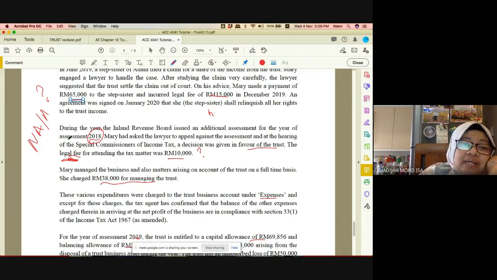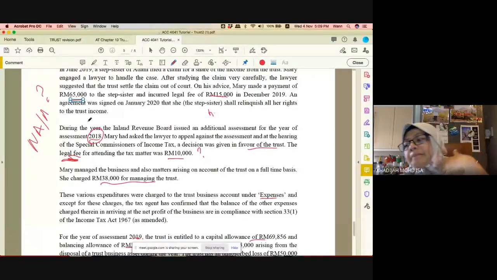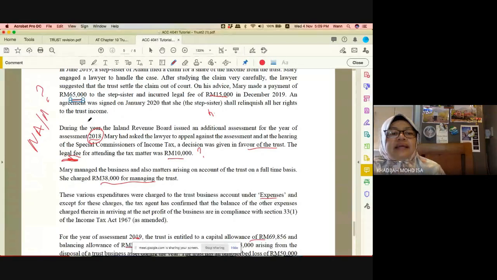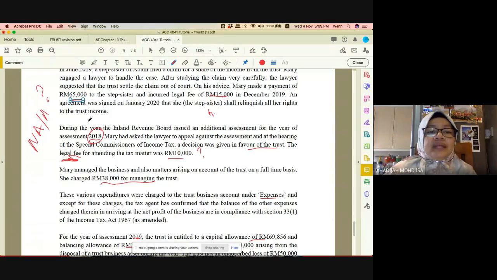Say you have submitted your 2018 tax computation in 2019, and then you have to pay your legal fee of 10,000 to attend to your 2018 year tax computation. That legal fee should be deductible because it is related to tax obligation.